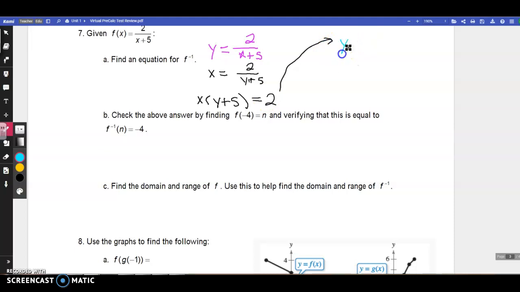So if I divide both sides by x, I get y plus 5 equals 2 over x. And then to finish this up, I'll just subtract 5. So y equals 2 over x minus 5. And so that is my equation for f inverse. So f inverse of x equals 2 over x minus 5.